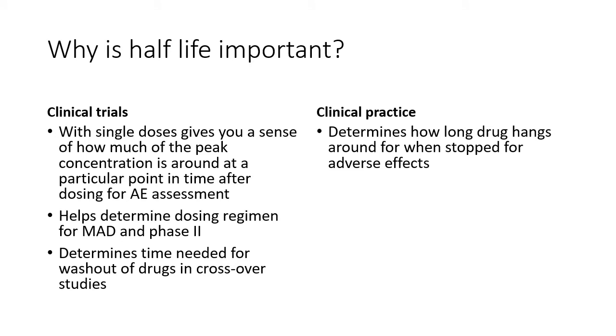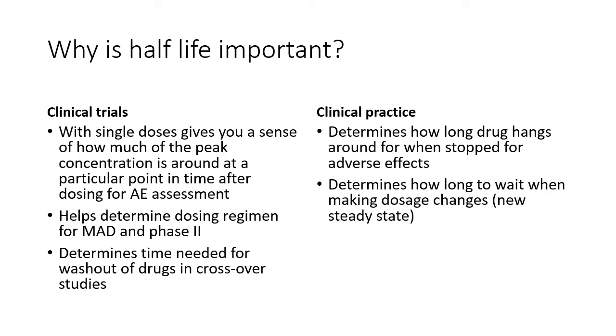In clinical practice, half-life is very important because it determines how long drugs hang around for when you've stopped them for an adverse event. For example, when a patient is on an ACE inhibitor and develops angioedema, how long do you have to hang around for waiting for the ACE inhibitor to wear off? It also determines how long you need to wait when making dosage changes, so the time taken to get to the new steady state.